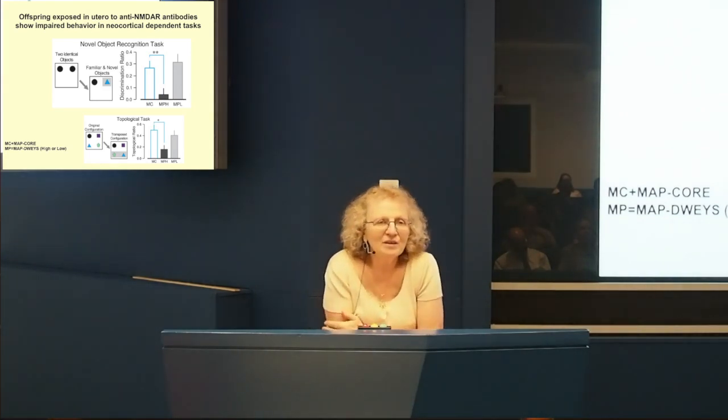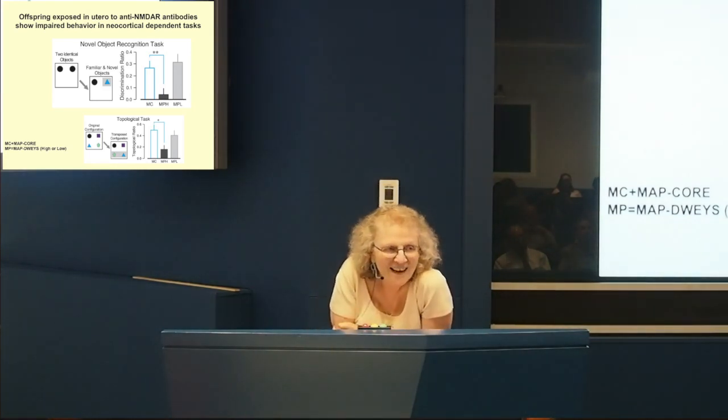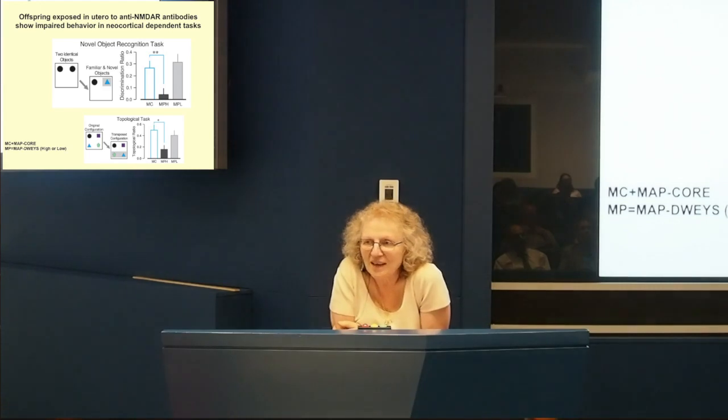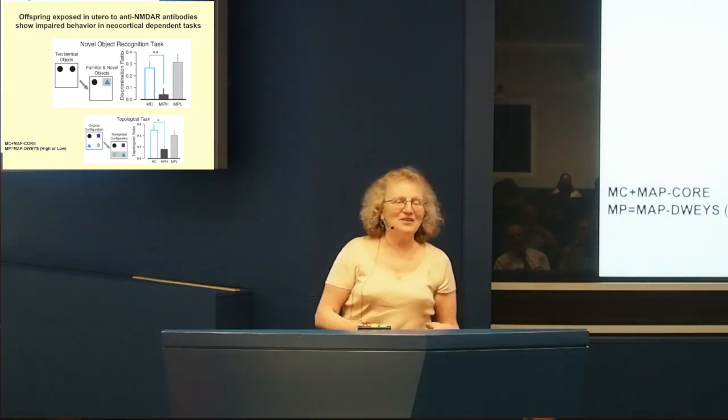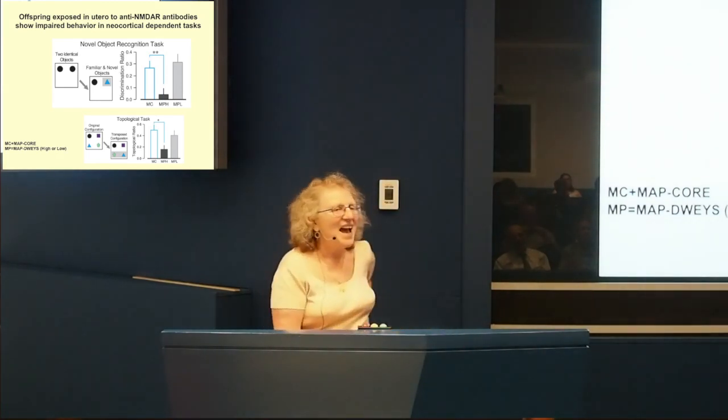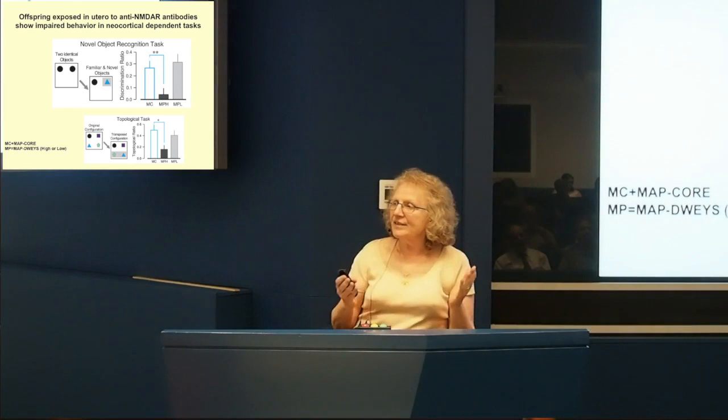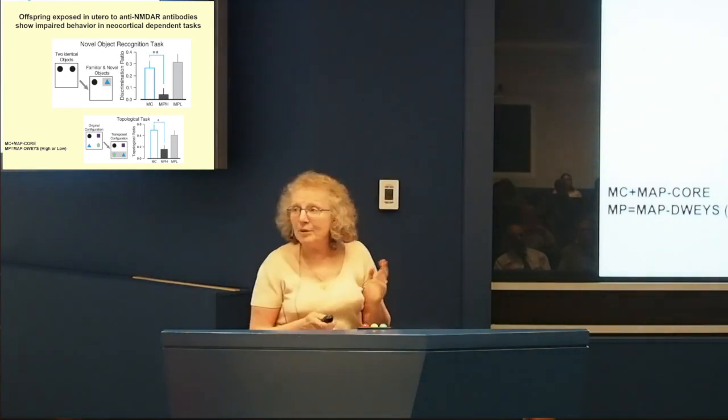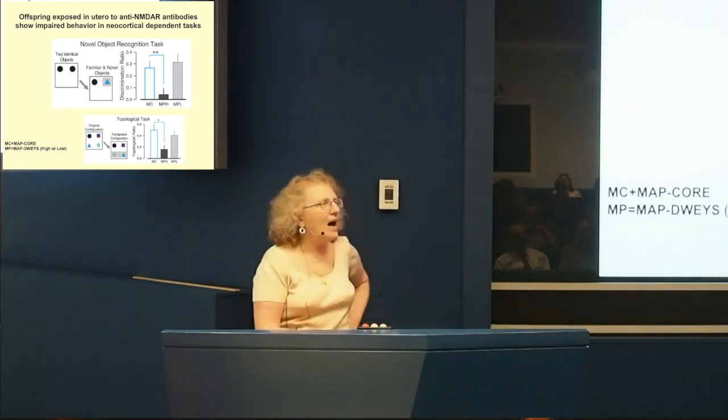So you can't call this a learning disability because those are defined by reading and arithmetic skills, and mice, to the best of our ability to assess, don't have those. But these are tasks that require some input from cortical function.